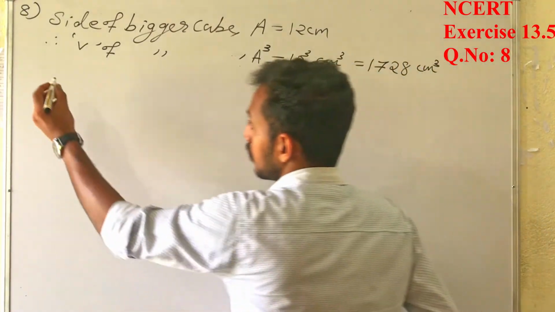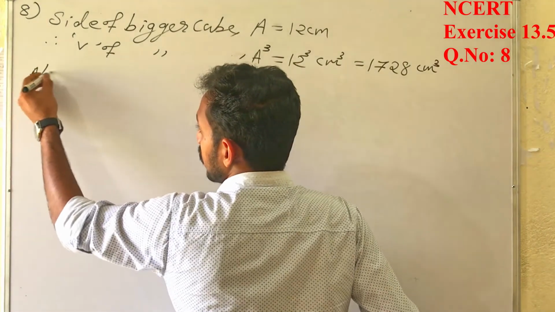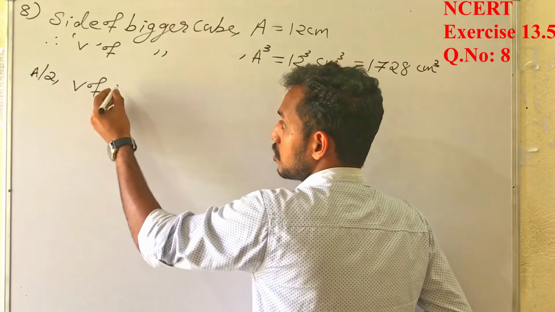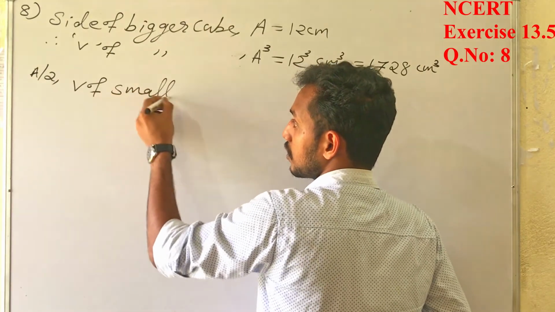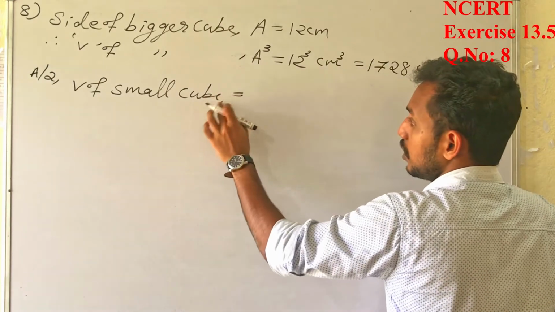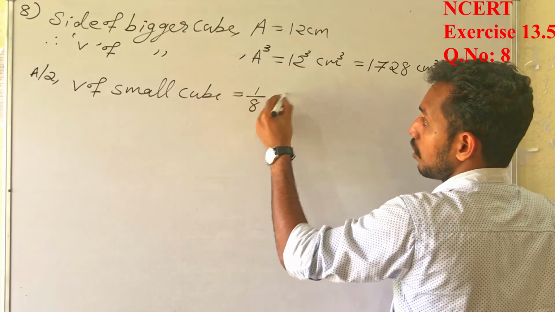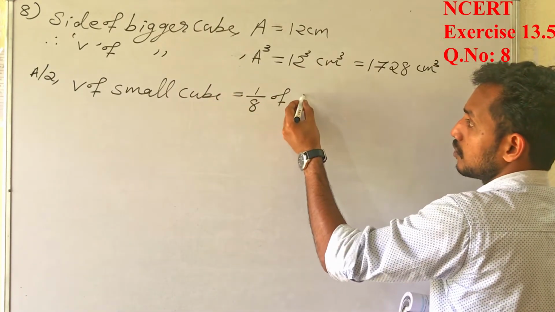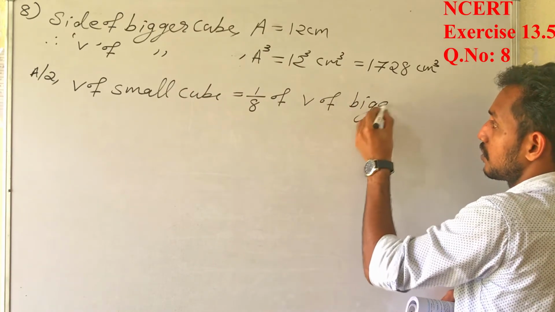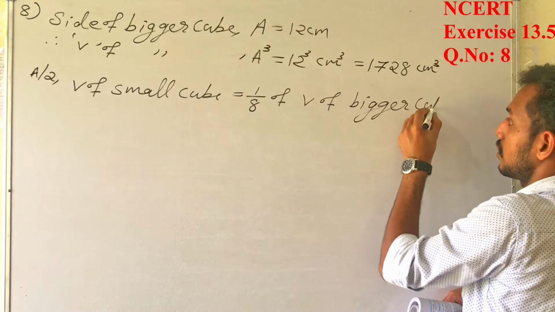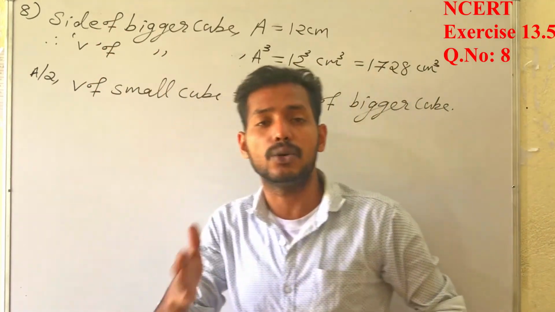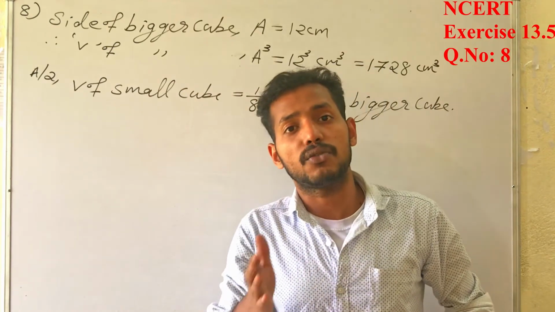Then, according to the question, what is given? The volume of the small cube should be equal to 1 by 8 of the volume of the bigger cube, because the entire cube is divided into 8 cubes of equal volume.